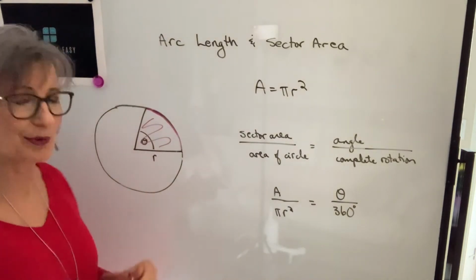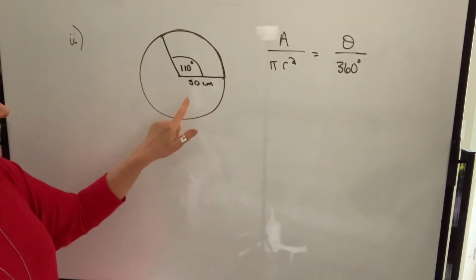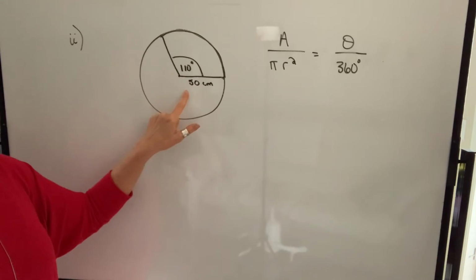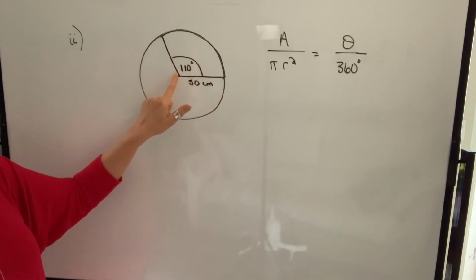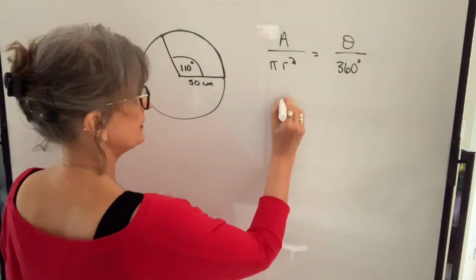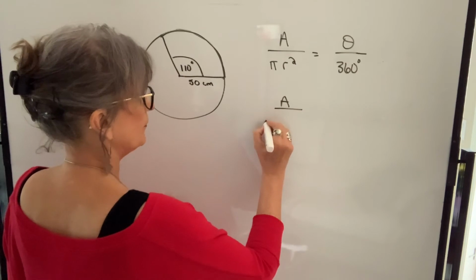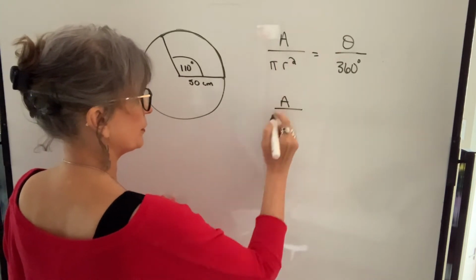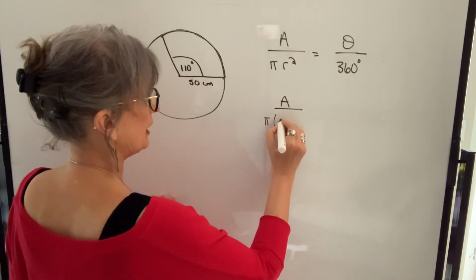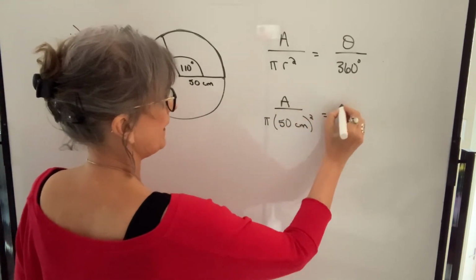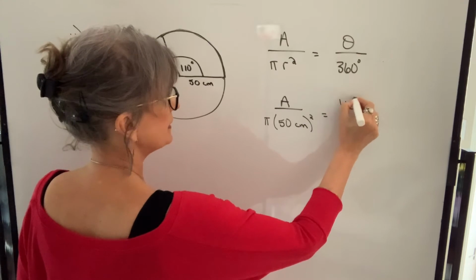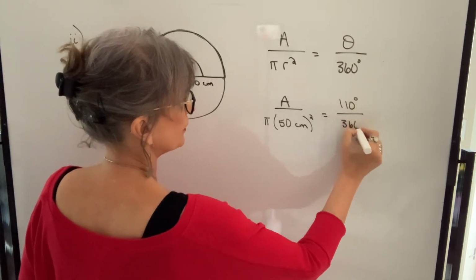Let's take a look at an example. We're going to use the same dimensions in this example as we did with the previous example when we were finding arc length, except now we're going to find the area of this sector. In order to find that, I fill in my proportion. So this will be pi times 50 centimeters squared, and that will be the angle of 110 degrees over 360 degrees.